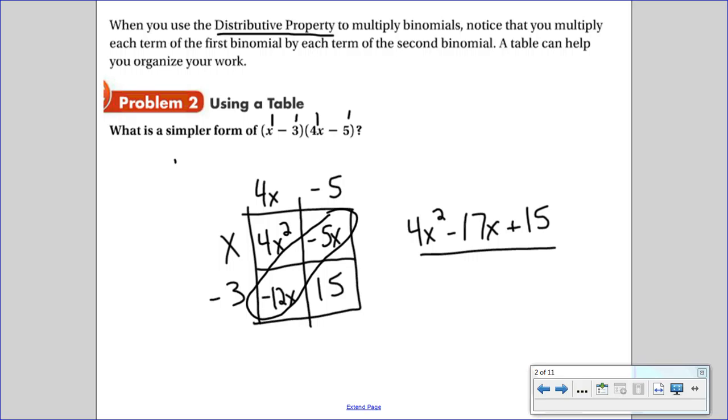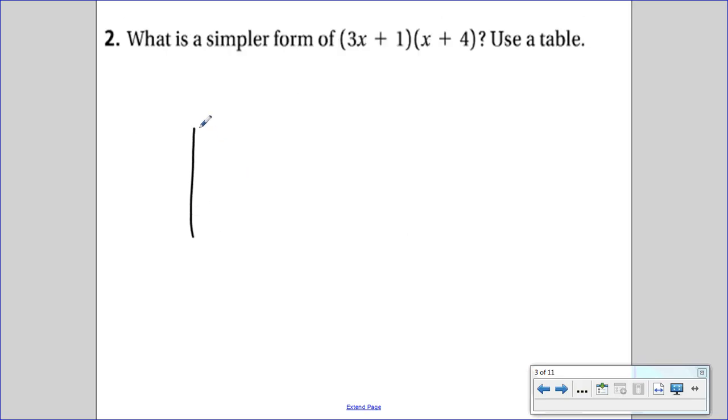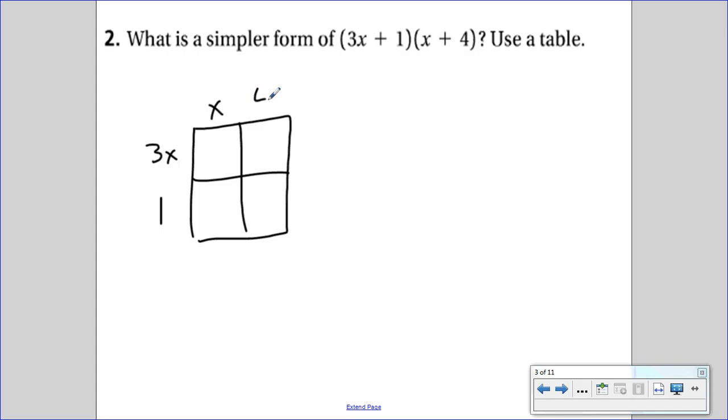So let's try another one, okay, using a table. So we're 2 by 2. Okay, 3x and 1 are the terms that go over here on the side. X and 4 go up here. Okay, 3x times x is 3x squared. 3x times 4 is 12x.